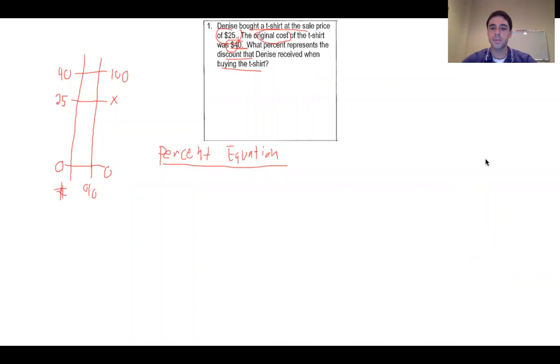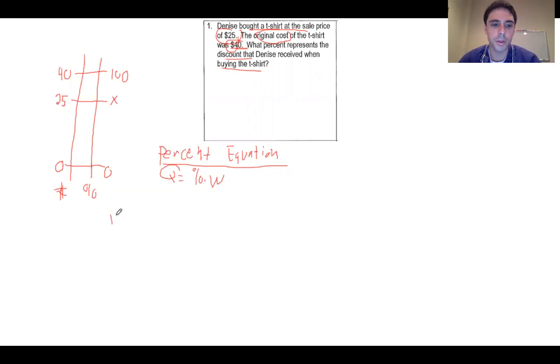I should write, what is the percent equation? That's really what I should be saying here. Right, we're going to have quantity, or part, equals percent times the whole.